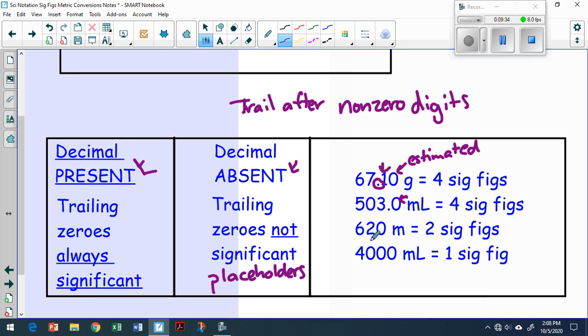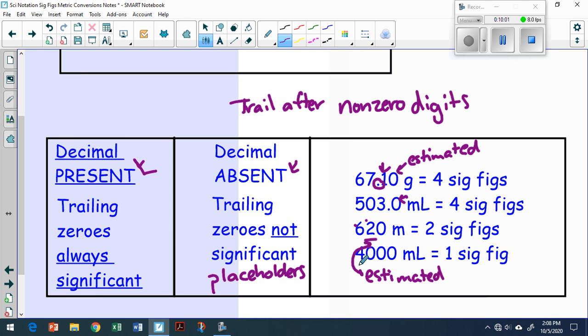So what we're saying here, this 2 is the estimated digit. But we know it's 620 something. So you have to have a 0 there to hold the place to make it 620 something as opposed to 62. But only the 6 and the 2 are significant figures.